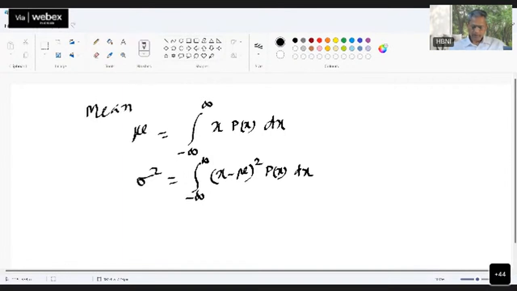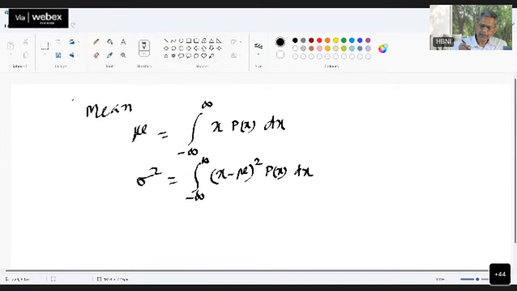So this way you can find out the mean and sigma square. Then you can generate a distribution. Then you can also predict the probability of obtaining other values.